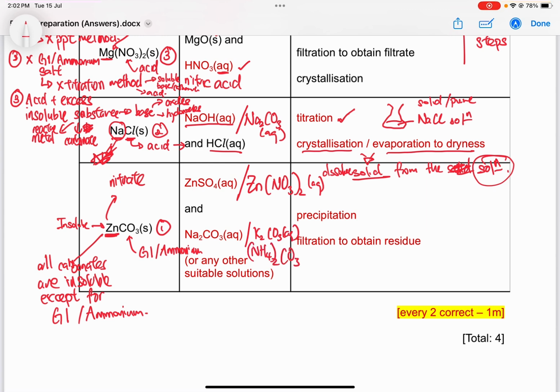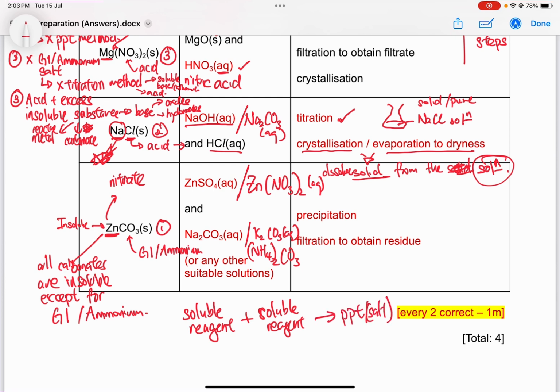In general, what you want in terms of precipitation method, you want a soluble reagent added with another soluble reagent or reactant to give you your precipitate. In this case, that will be your salt.